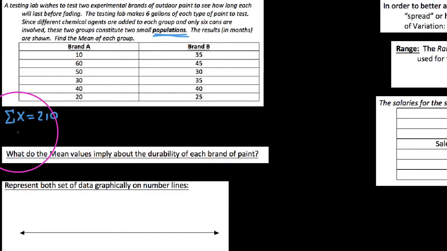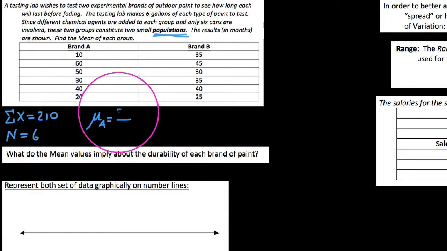Then underneath this, we ask how many total data there were. We say N, and I'm using a capital N because we're talking about an entire population. So N is 6 cans of paint. To find the average for brand A, I'll use the lowercase Greek letter mu with a subscript A to indicate brand A of paint. We use mu because we're talking about the mean for an entire population. Remember, we use Greek letters for parameters, or population statistics.